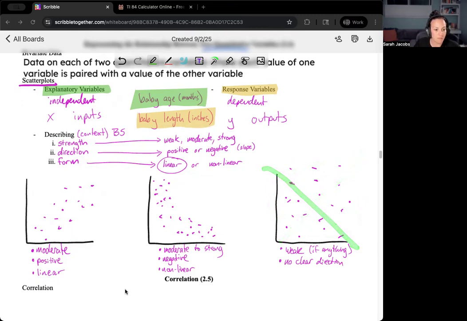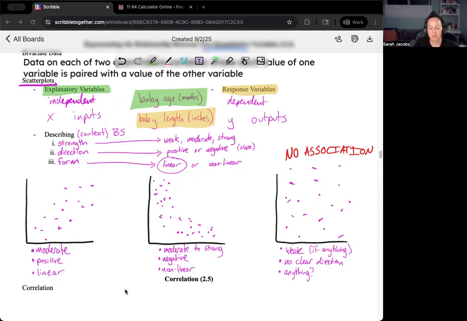Like, what's the difference there? And then in terms of the form, is there any form? This is what we would say is something with no association. Okay, no association.